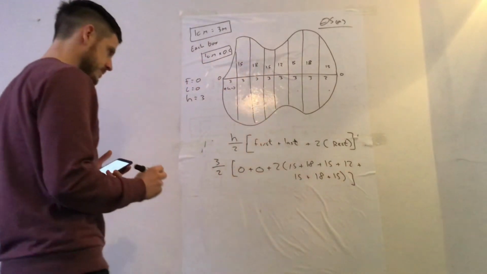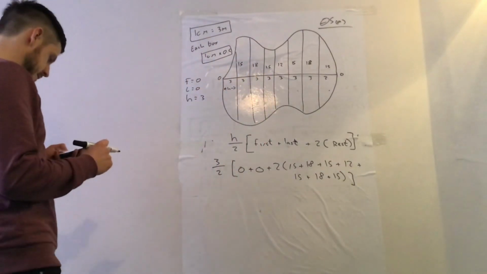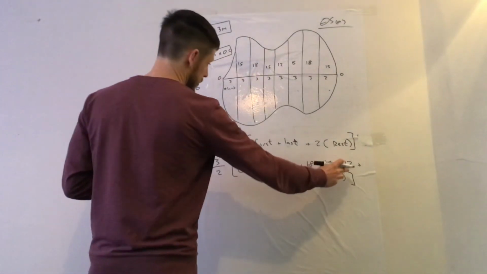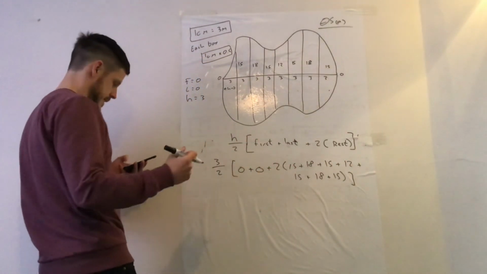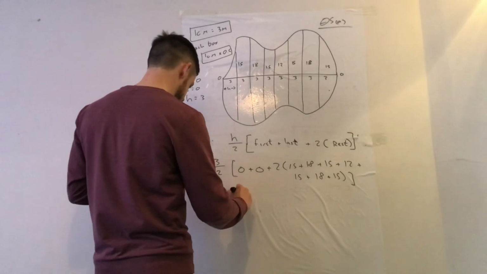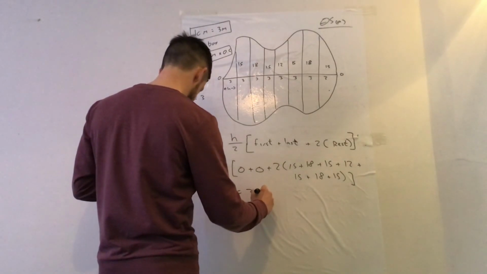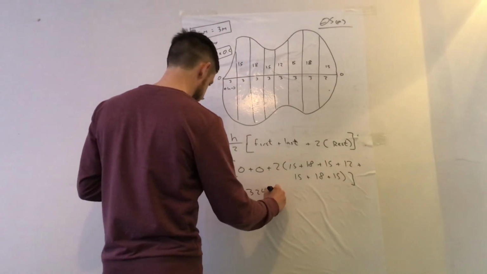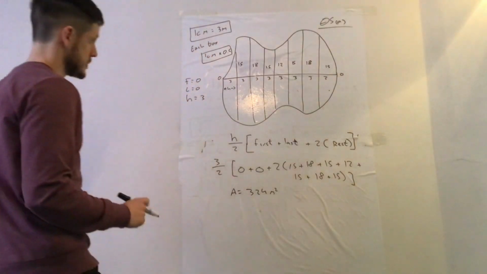And when I put that into my calculator, you can simplify it if you want, but you put it in as a whole, I'm going to get the area is equal to 324 metres squared. And that's how we do the trapezoidal rule.